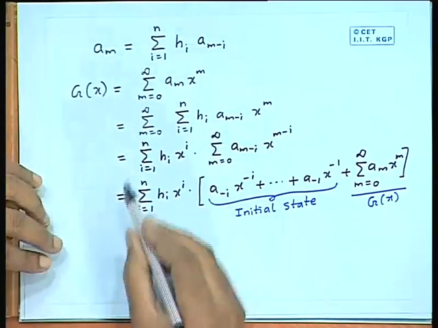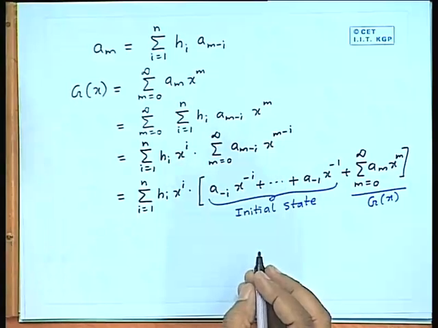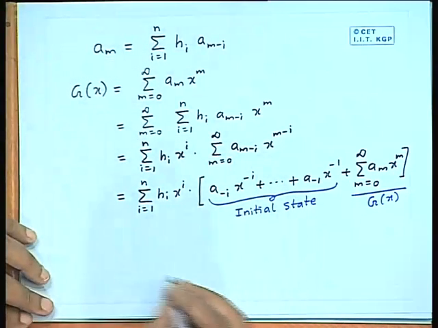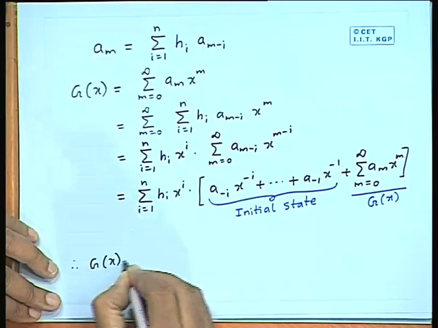Fine. So, by reorganizing the equation, taking G(x) on this side, and if we just solve it a little bit, you can get the final expression for G(x) from here.